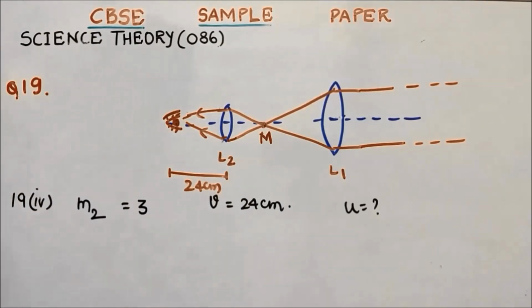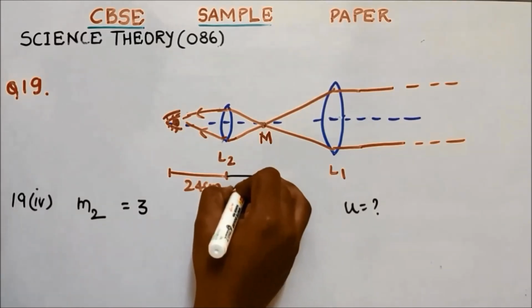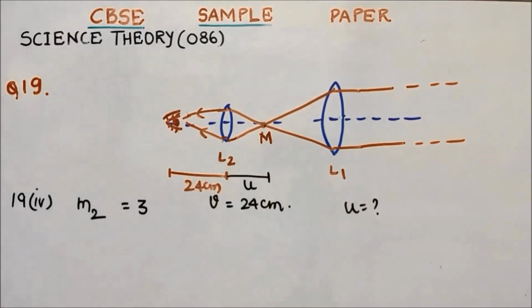And where is the object? We don't know, so we'll take the object as U, right? Now the question is, how will you take the conventions here? You have to take the conventions in order to solve the question. So how would you take the convention?